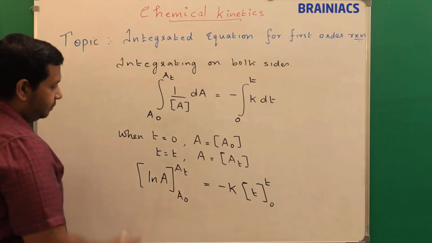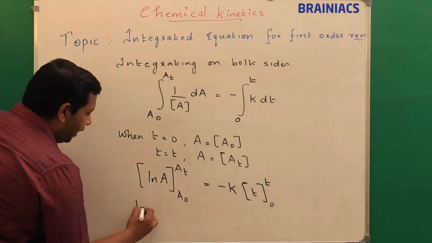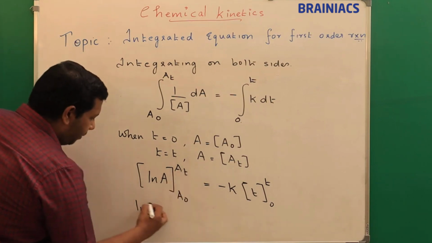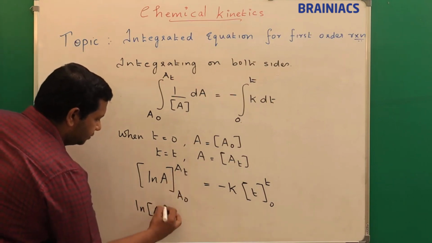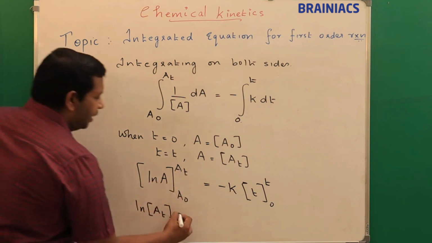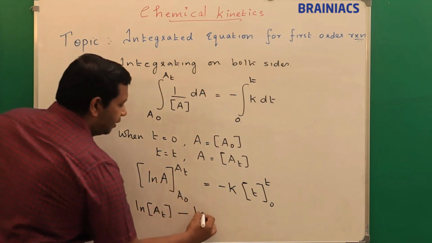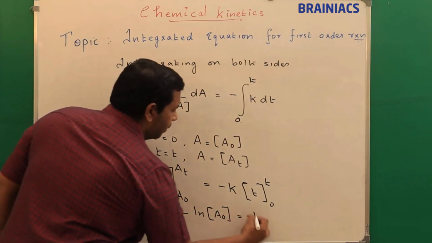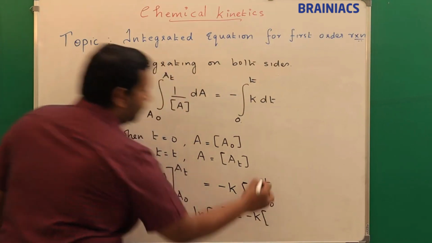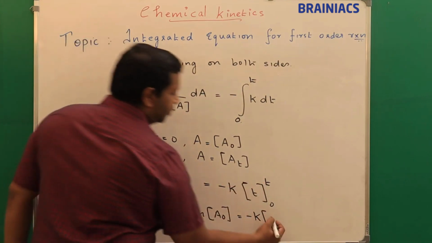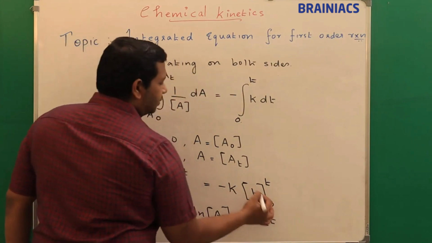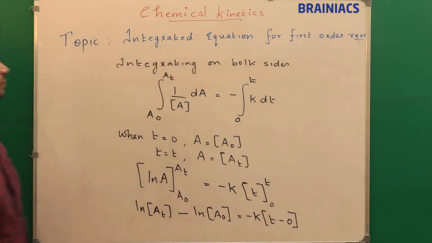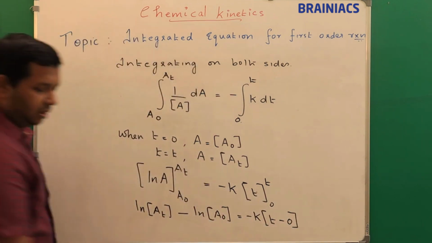So how will this become? ln, listen, ln, upper limit I am applying, a of t, correct, minus lower limit ln a of 0 is equal to minus k into, apply the upper limit t, on substituting here t, applying the 0 here, t minus 0. Okay, so this is how it becomes.